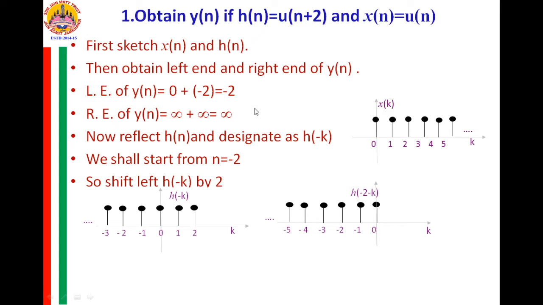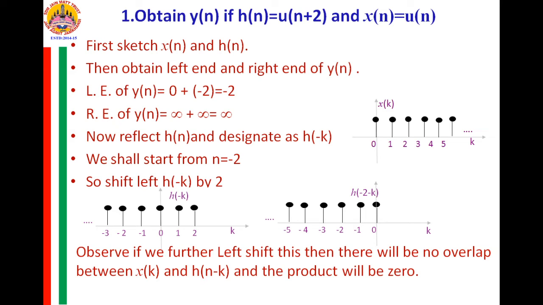Further, to obtain y of n for n which is less than minus 2, we need to shift this h of minus 2 minus k further to the left side. So, even by one amount, now if I shift this h of minus 2 minus k to the left side, you will observe that this x of k and this h of n minus k will not overlap with each other and the product will not exist.